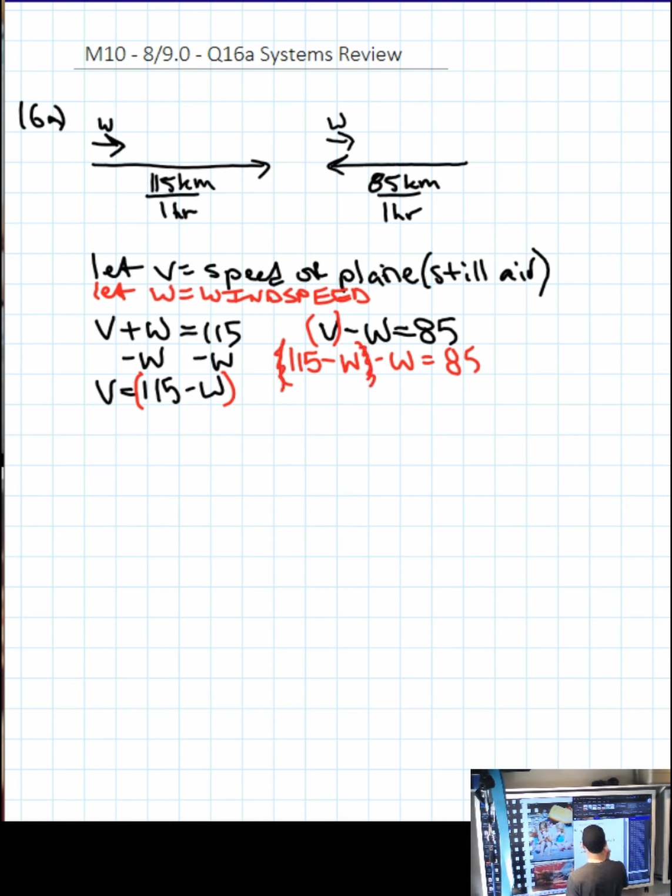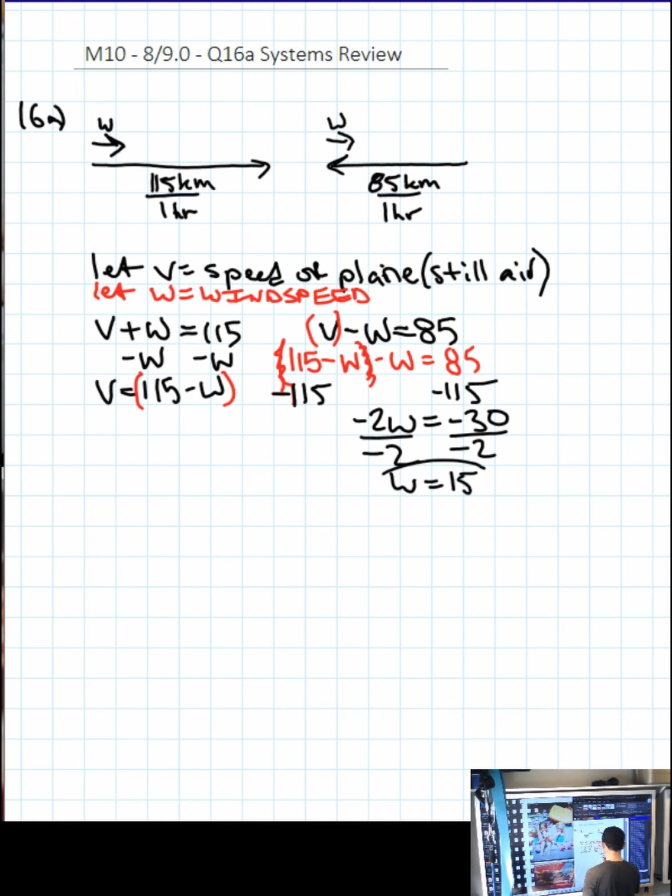We can subtract 115 from both sides. So on the left-hand side, we're going to get minus W, which is just minus 2W. On the right-hand side, we're going to get 85 minus 115, which is negative 30. We're going to divide both sides by negative 2 and get a wind speed of 15.